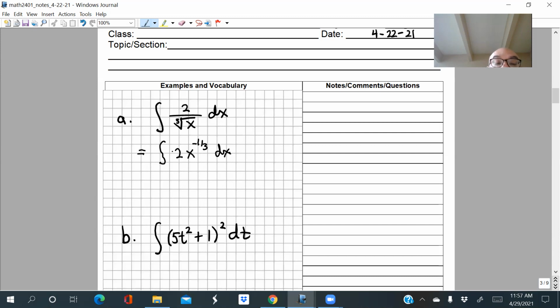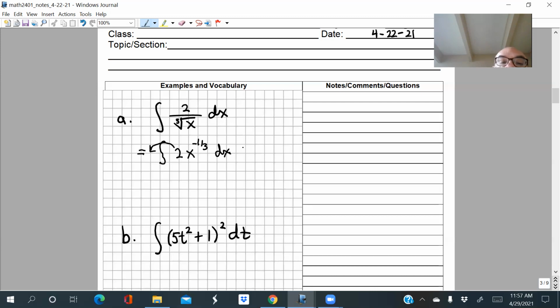One of the nice things about integrals is if you have a constant, it's got to be a constant, not a variable, behind the integral sign, you can always factor that in front of the integral sign. So you can bring constants from inside the integral sign to outside the integral sign. And that's really useful in integration.